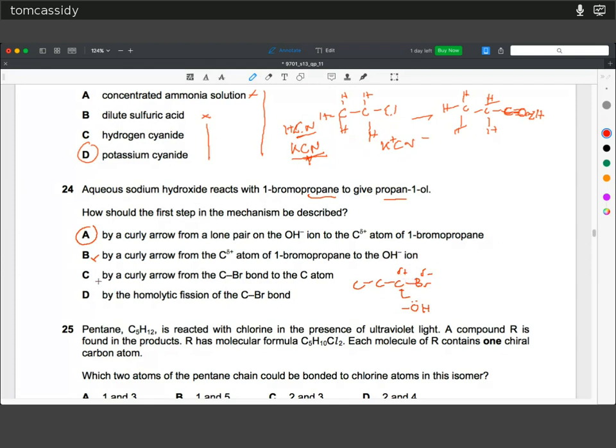So that one's wrong. And this is wrong as well. Homolytic fission means that of the pair of electrons in a bond, one goes one way and one goes the other. But here we've got a pair of electrons that are moving, so we're not having homolytic fission, we're getting heterolytic fission. So that's a distractor as well. These are all wrong, that one's right, A is our answer there.